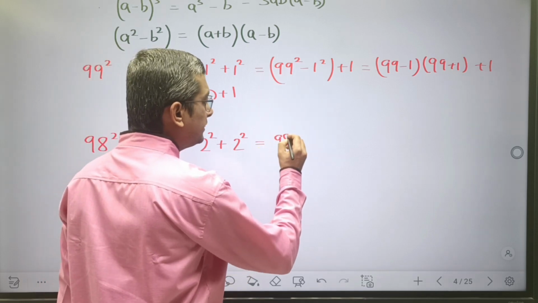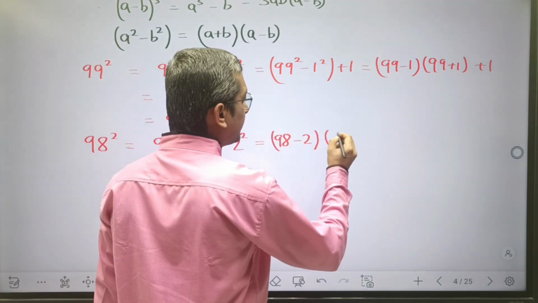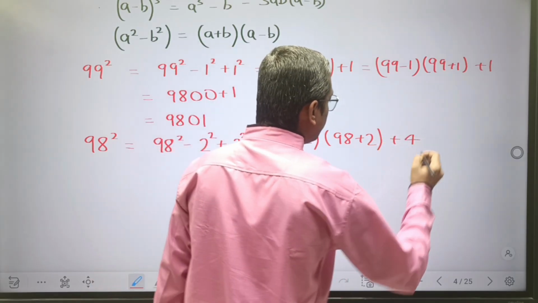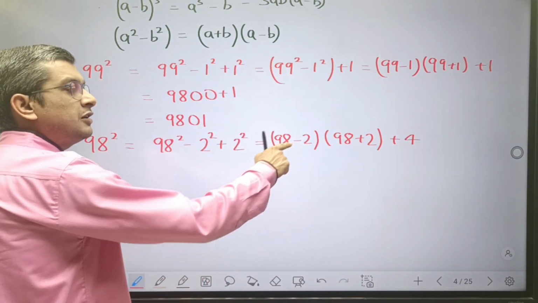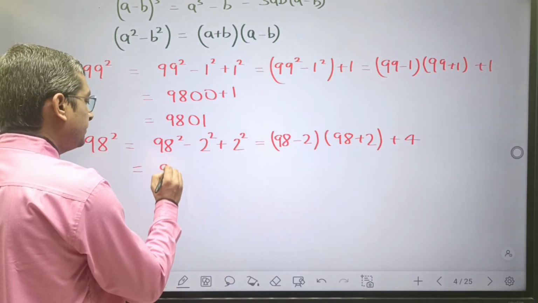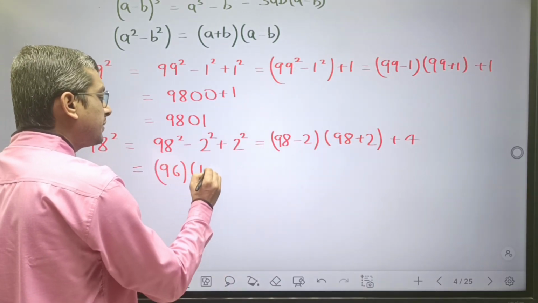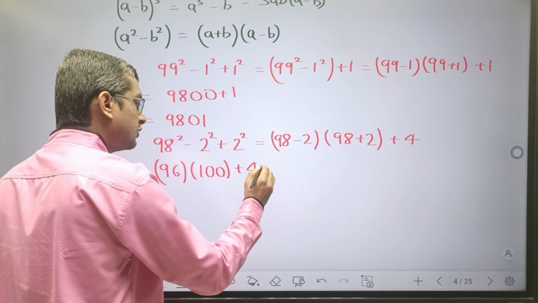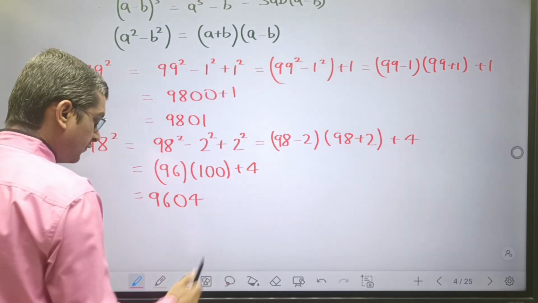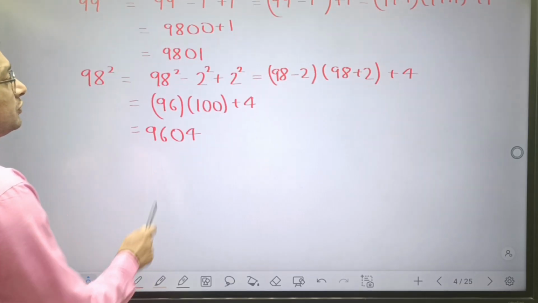So this will be (98 minus 2)(98 plus 2) plus 4. 2 square is 4. So 98 minus 2 is 96. 98 plus 2 is 100. So this will be 96 multiplied by 100 plus 4. So the final answer is 9604.